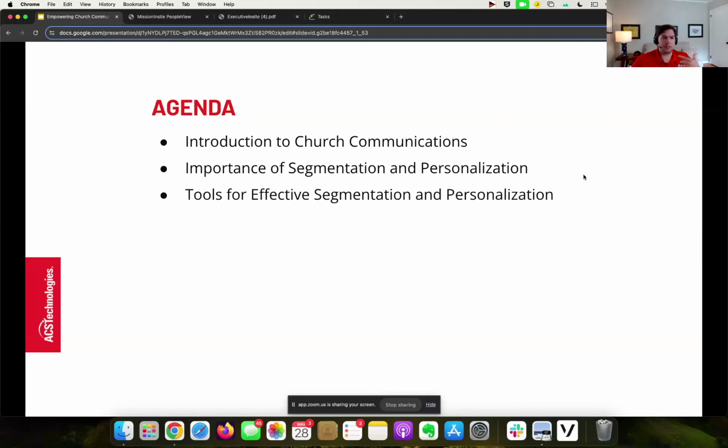Then what we're going to do is discuss some tools for effective segmentation and personalization. Specific tools that we have, but some of it can be applied globally if you are not a current user of any of these ACS technology softwares. And then we'll follow that up with talking about key metrics to track success on communication.